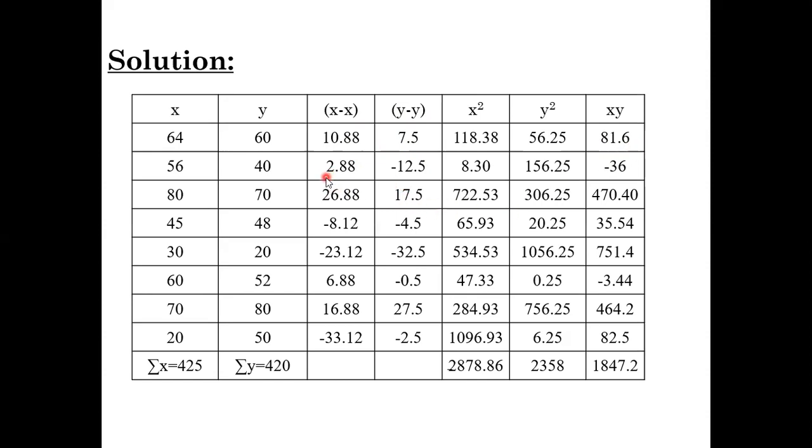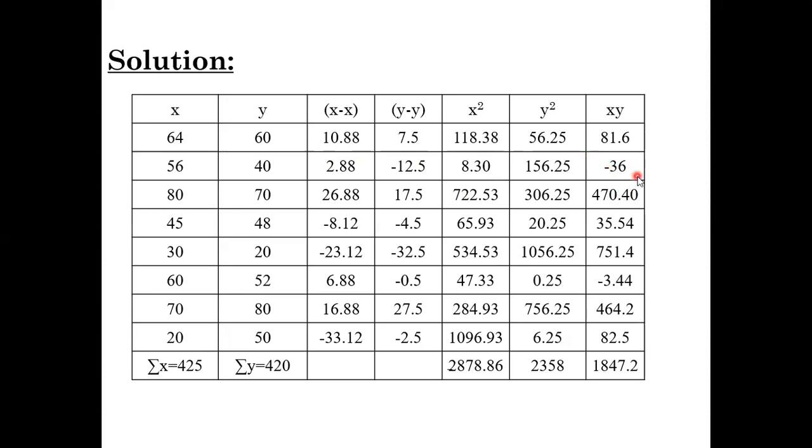Here plus 2.88, into minus 12.5. Okay, see students here. If it is one plus and one minus value, then the product will become minus. Plus into minus, minus. At that time we must be very careful writing the sign values here.